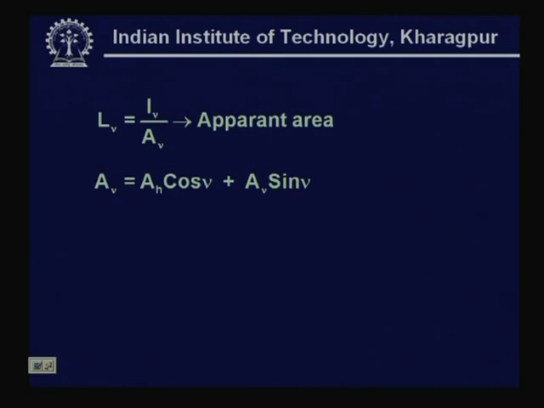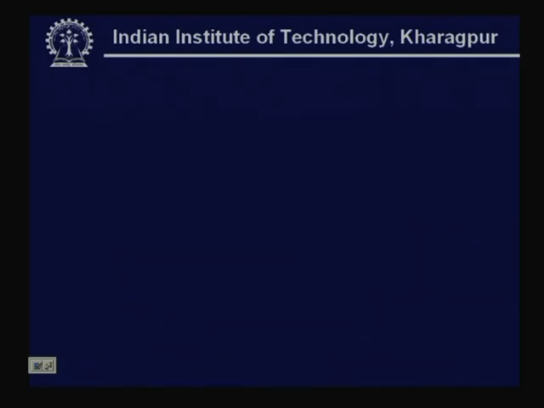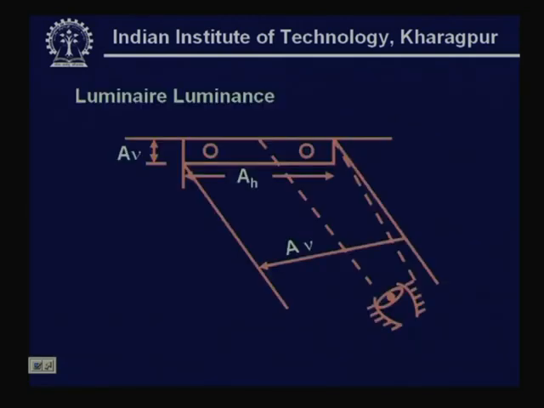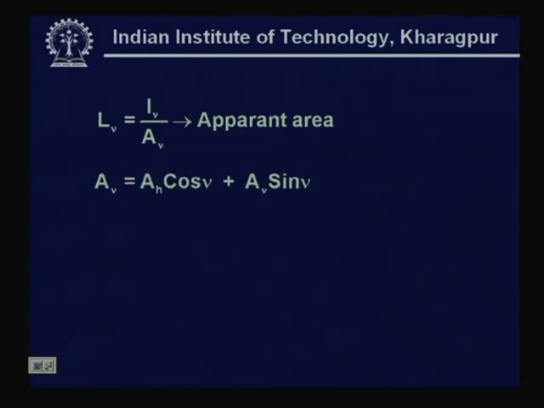Now, where is this gamma? Gamma is the angle which it subtends at the observer's eye with reference to the vertical to the luminaire. This is how one takes care of it. Now, most of the time these tables give the data for gamma varying from 0 to 85 degrees.